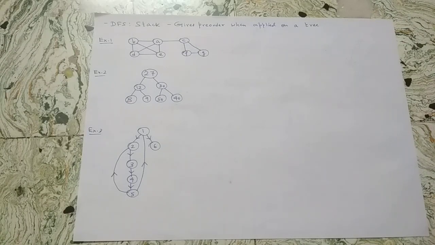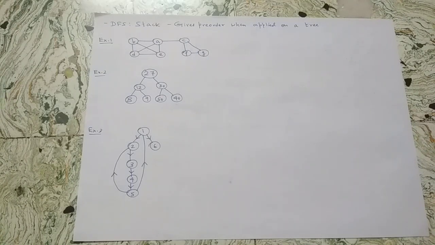Let's discuss depth first search. Depth first search uses a stack data structure, compared to breadth first search, which we saw in the previous video, which uses a queue data structure. If we apply DFS on a tree, which is also a graph, a tree is an acyclic graph, right?